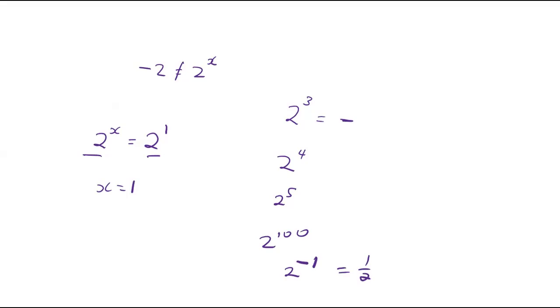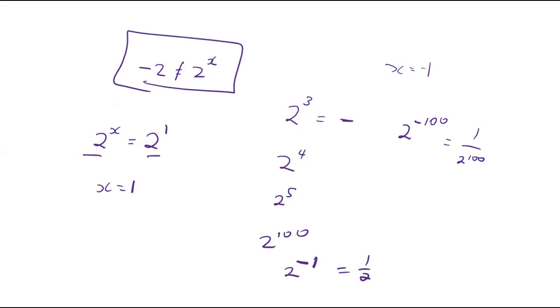I cannot get a negative number as the result of a power. Even if x is a negative number. Look, 2 exponent negative 100 is the same as 1 over 2 exponent 100. It's a positive number still. So this cannot be true. You cannot get a negative answer if your base is positive.